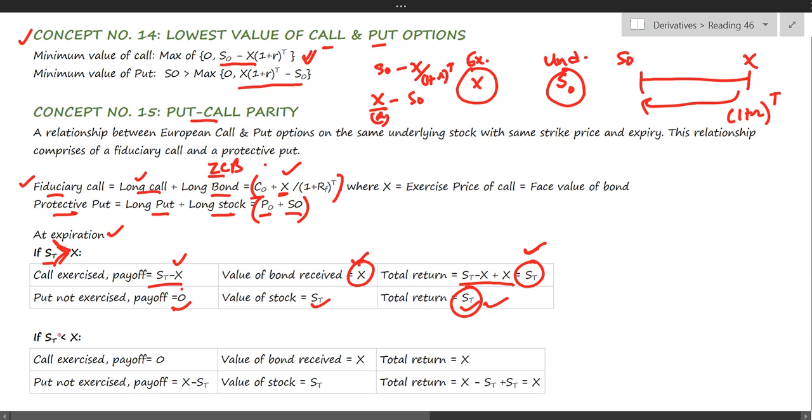Similarly, in case when spot price is less than exercise price, in that case too, the return generated by both the fiduciary call and the protective put are equal. So no matter what, whether the price goes up or down in comparison to the exercise price, the payoffs between these two, fiduciary call and protective put, are always going to be equal. And this is why it is called a put call parity.